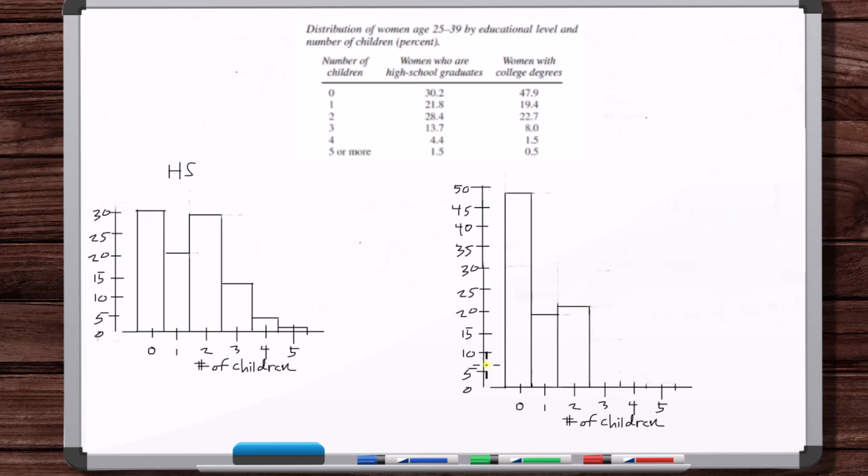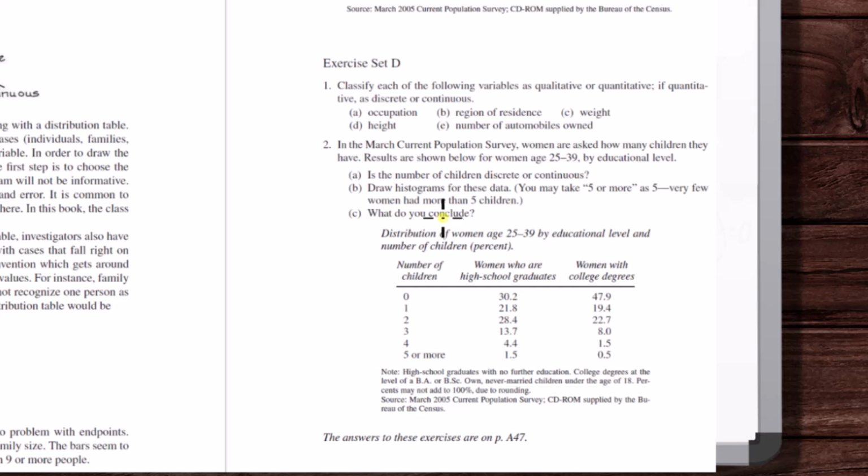The 3 block is 8. The 4 block is 1.5. And the 5 block is 0.5. This is college degree. All right, so what do you conclude looking at the histograms?